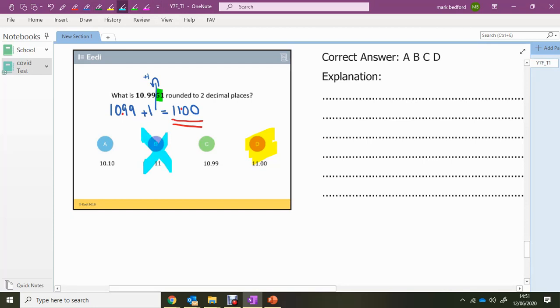B was considered to be wrong. It only says 11, and some of you will say, well, 11 is the same as 11.00. However, we're asked to round this to 2 decimal places, and so there must be 2 decimal places in the answer.